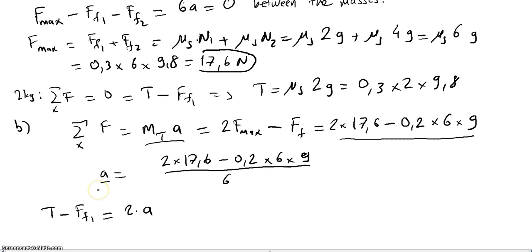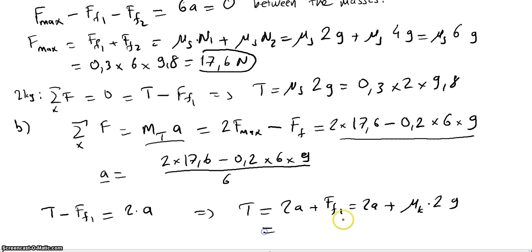A is already found from the first part. So T equals 2A plus the frictional force, which is mu k times 2 kilograms times g.